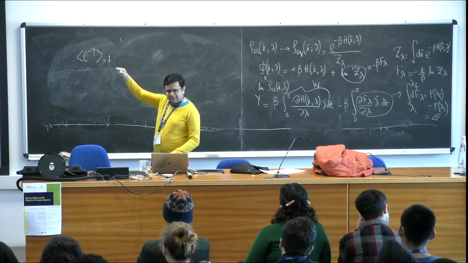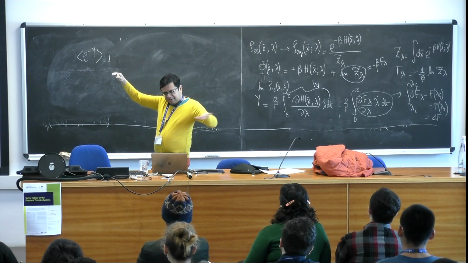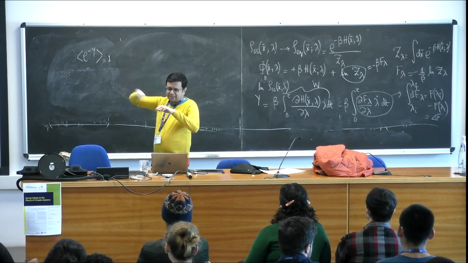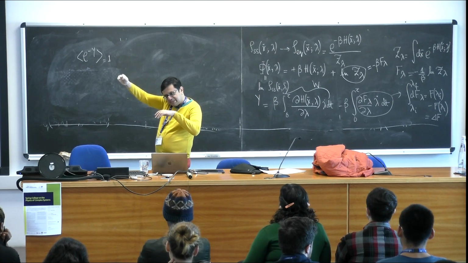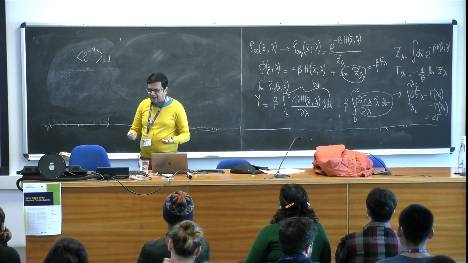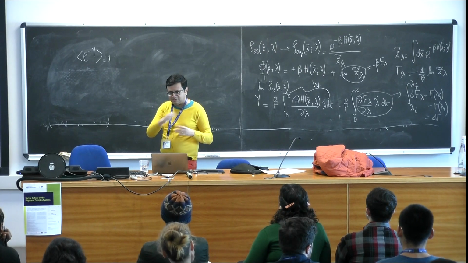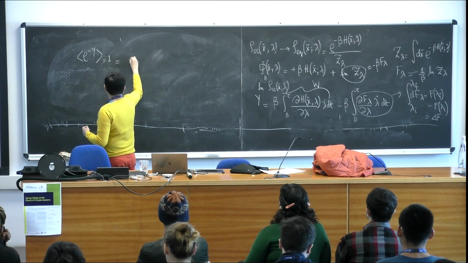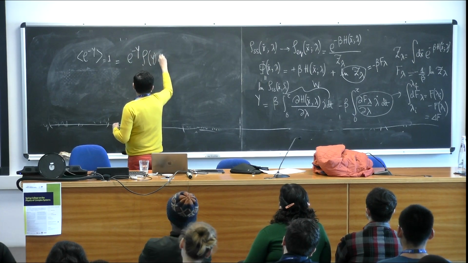You keep the system in equilibrium at lambda, you change lambda, you get to a new equilibrium state at a later time, you compute the work done by running this experiment over and over again. Each time you keep the system in equilibrium at lambda I, change lambda to lambda f according to the same protocol, and you compute y that way, you compute W that way. You get a distribution of y and distribution of W. And what this says is that the average of e to the minus y, this of course is by definition equal to the integral of e to the minus y rho of y dy.